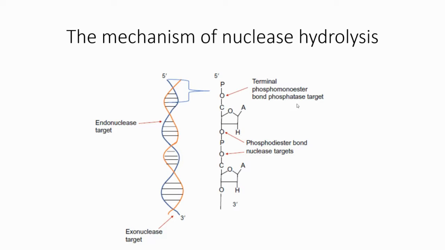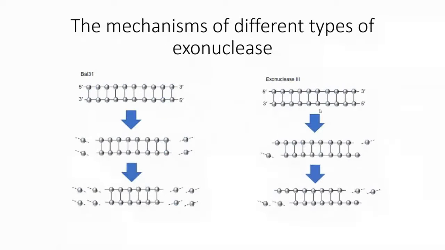So they can attack this phosphodiester bond at both the 5' end and 3' end. And there are some nucleases that are specific for the single-stranded nucleotide strand or the double helix strand or both.